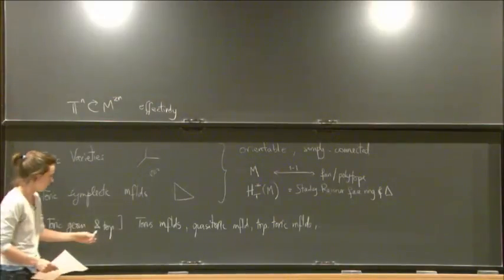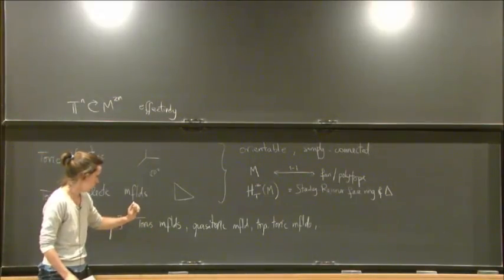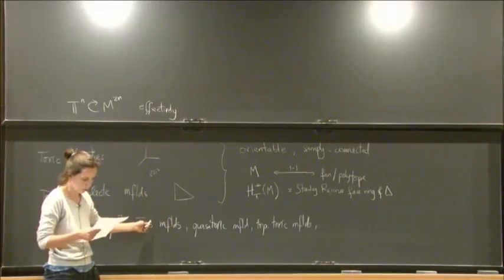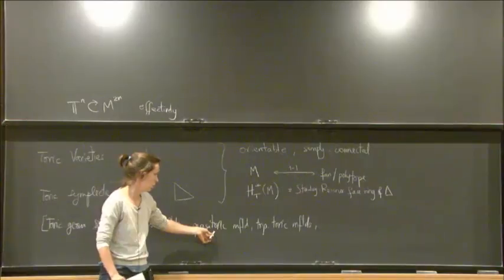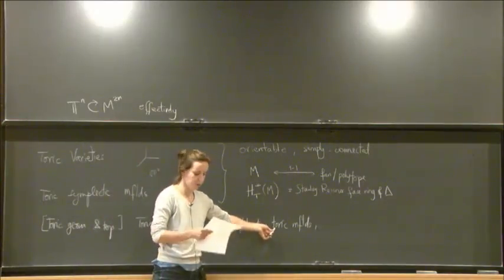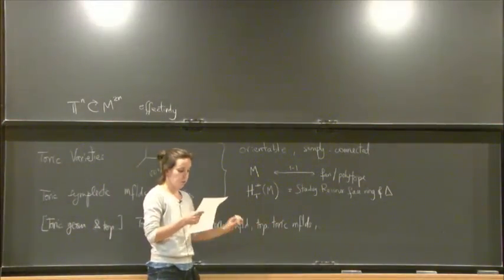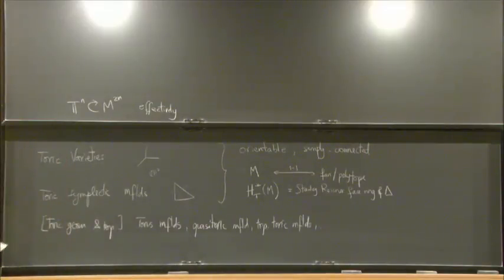I guess I should say, torus manifolds were introduced by Masuda, quasi-toric manifolds by Davis and Januszkiewicz, and these by Ishida, Fukukawa, and Masuda. Okay.